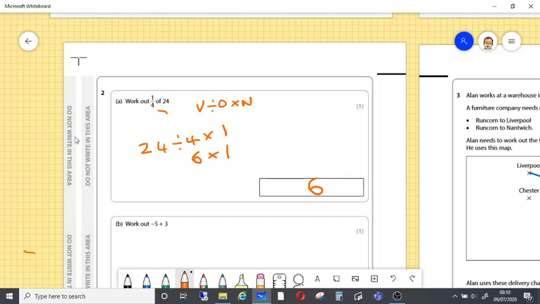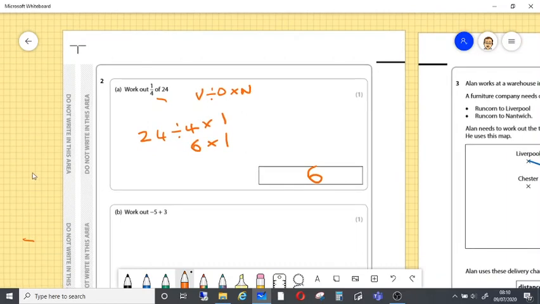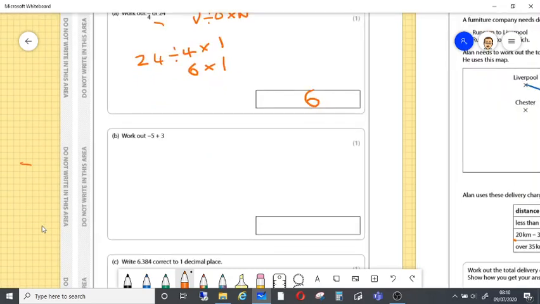Fantastic. Part B of this question is calculating on a number line. So we've got -5 plus 3.